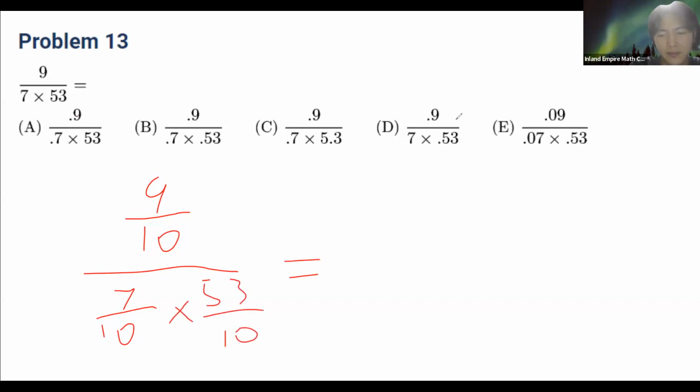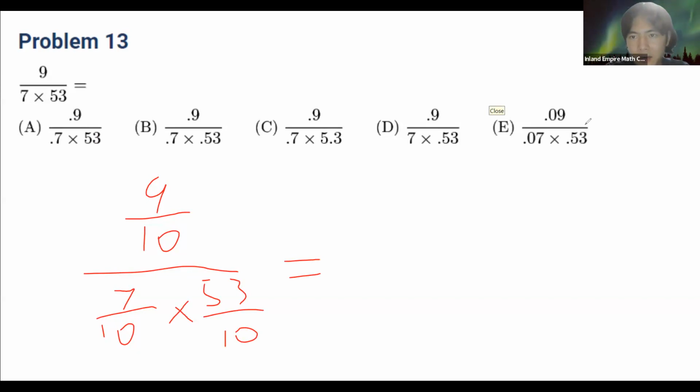If you rearrange this, you can see that while the top is only divided by 10, the bottom is divided by 100. So that's not the same fraction, because you have to do the same thing to the top and the bottom. Any questions?